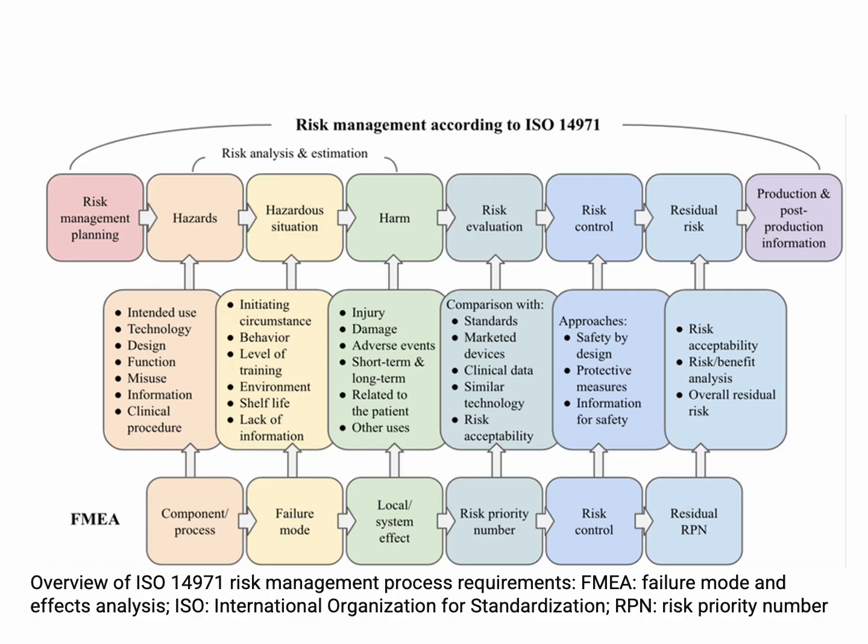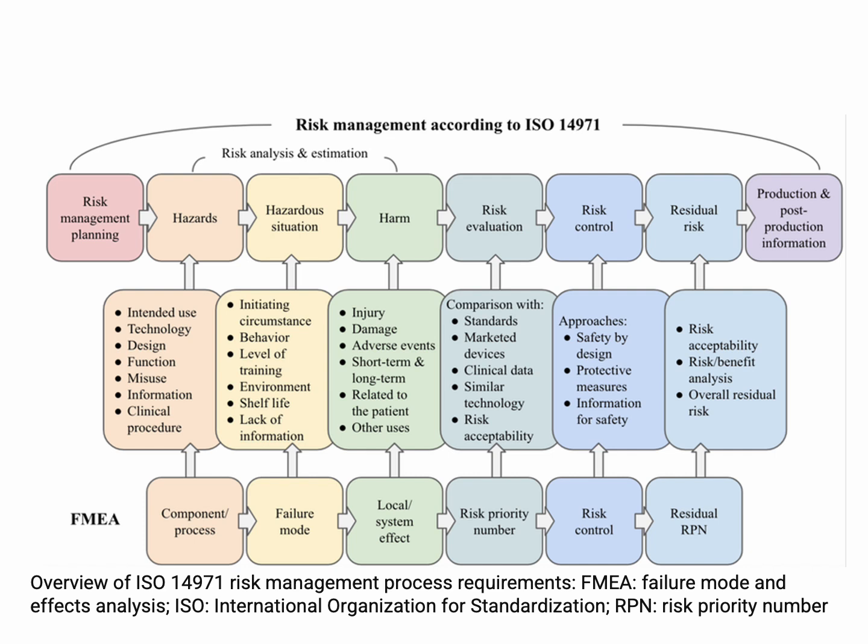Now, when you look into the big picture of the risk management according to ISO 14971, you can see that there are several process requirements. We have, for example, the risk management planning. Now, in this, we are going to define the hazards. We are also going to define the hazardous situations. We will then write down and estimate the harm based on the hazardous situations.